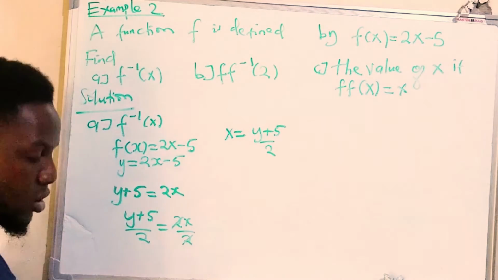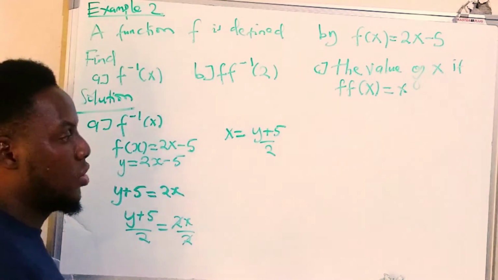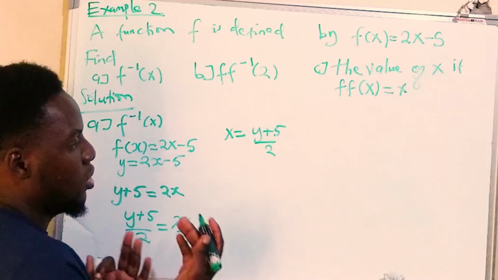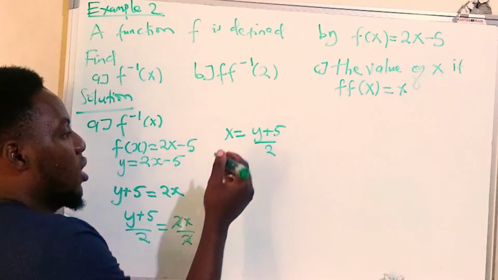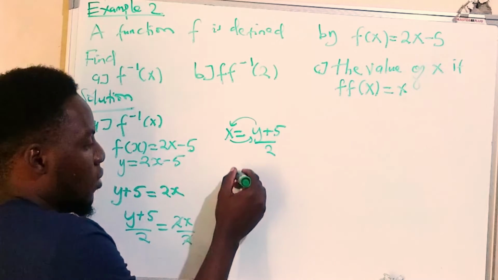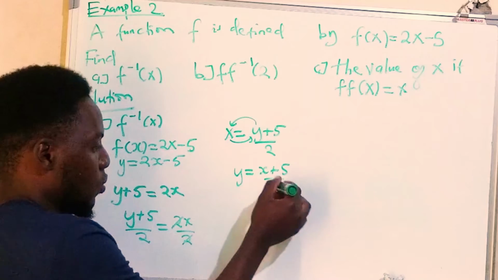Then the third step when you're writing the inverse of a function is that you replace y with x. You exchange y with x. While there is y, you put x, and while there is x, you put y. So this should go this side and this one should come here. You have y is equal to x plus 5 over 2.